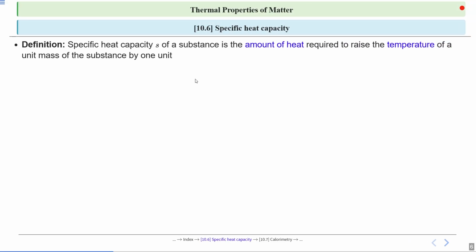So first we talk about the specific heat capacity. Specific heat capacity, denoted by small s, of a substance is the amount of heat required to raise the temperature of a unit mass of the substance by 1 unit.